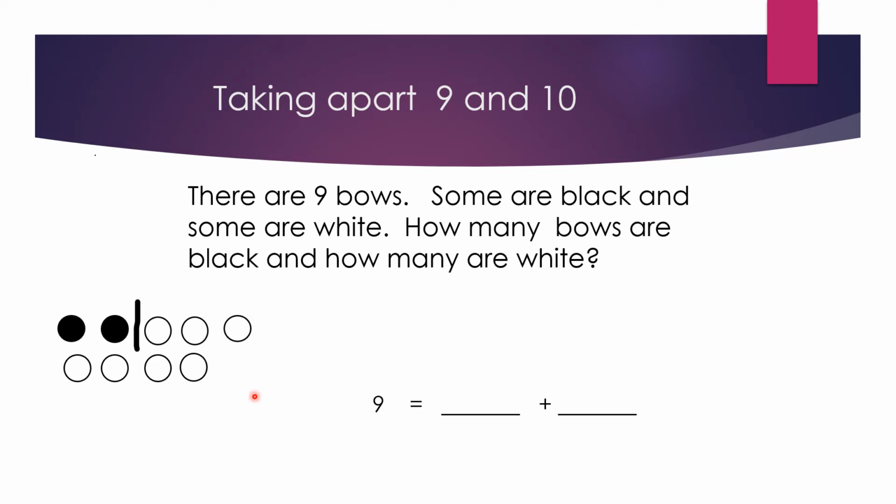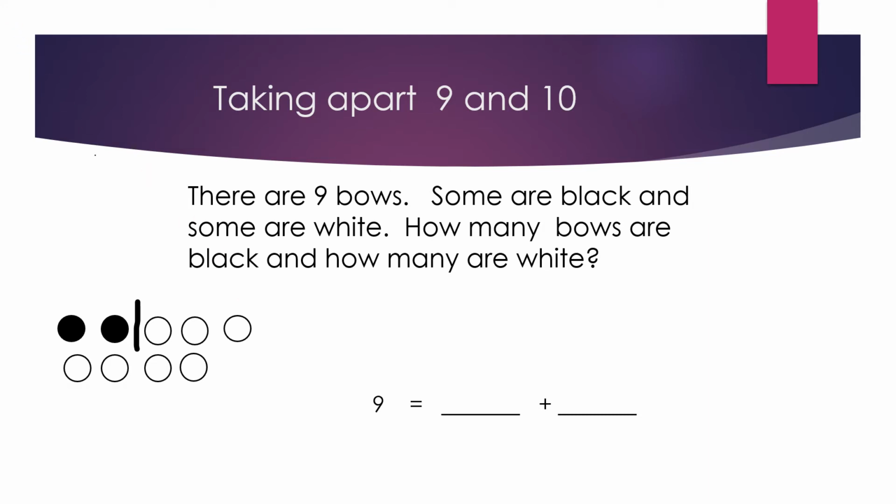We've just made another number sentence. Do you know how we should write that number sentence, kindergarten? Why don't you pull out a piece of paper and your pencil and write the equation that matches this drawing? Ready?